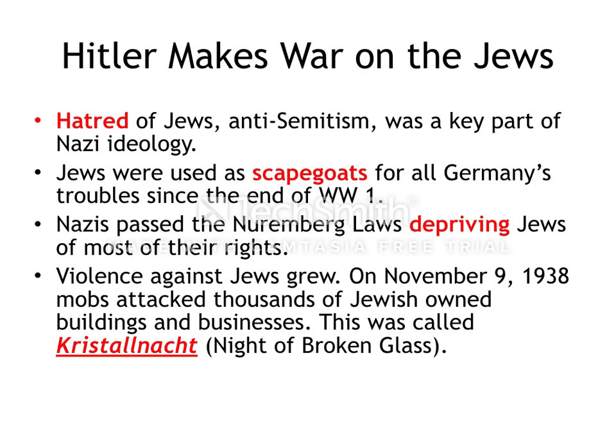Jews would be used as scapegoats for all of Germany's troubles since the end of World War I, including all of the failures of the Weimar Republic.